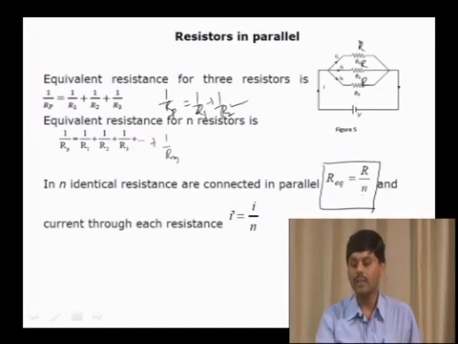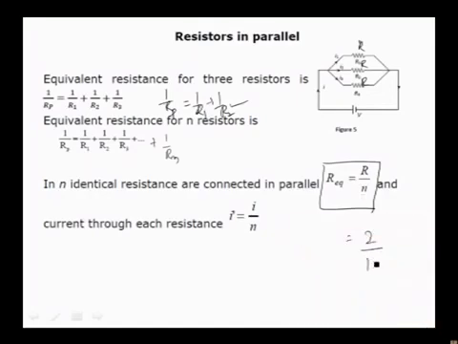The value of the resistor is 2 and the number is 10. Dividing 2 by 10 gives 0.2 ohm, that is the effective resistance. Similarly, in this case the potential across all the resistors is the same, and the current divides. The current in each resistor, I dash, is equal to I divided by n. This is applicable only when all the resistors are equal.